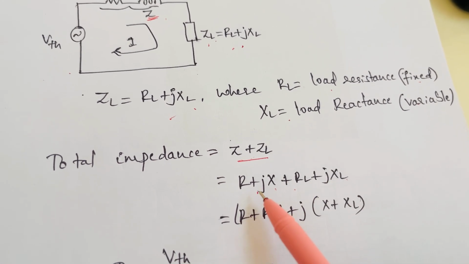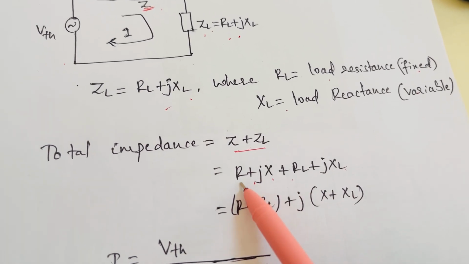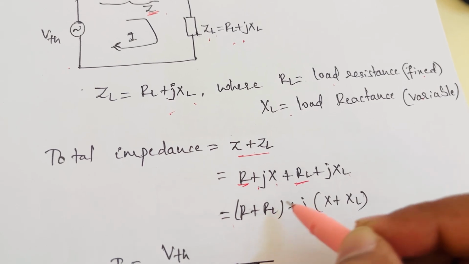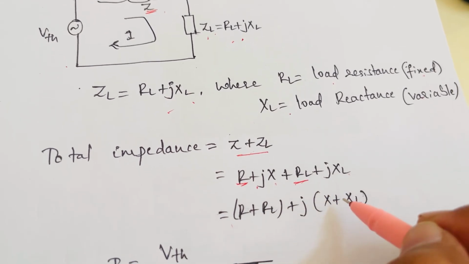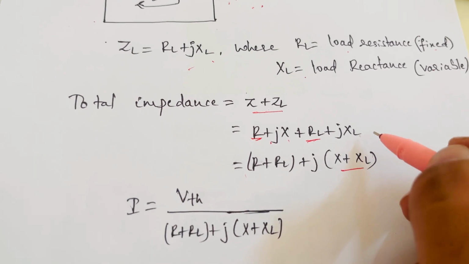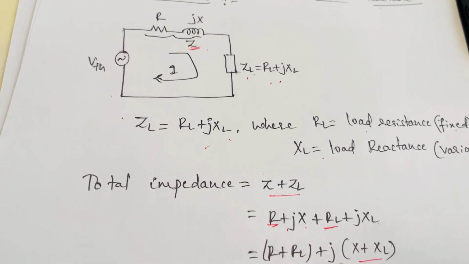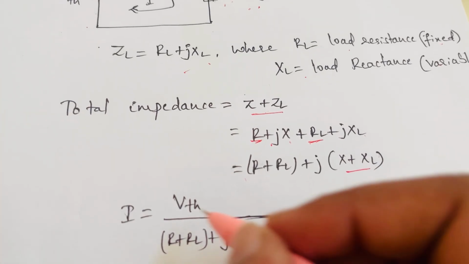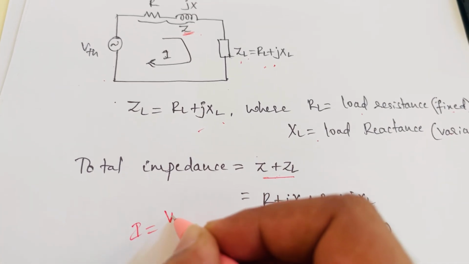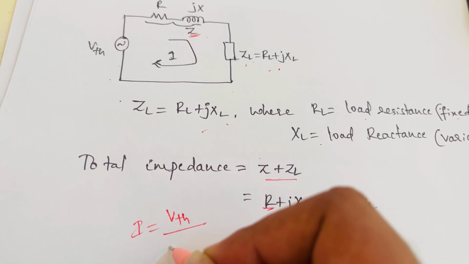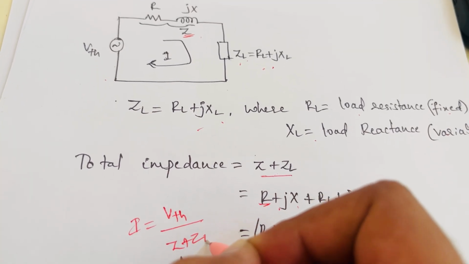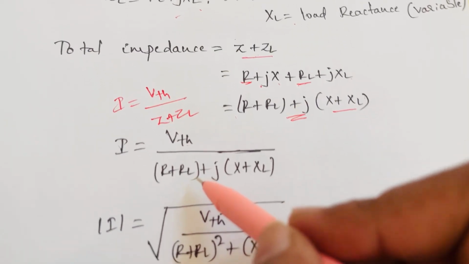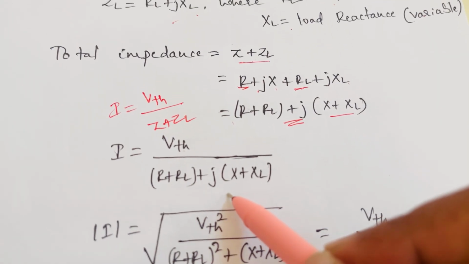So you are rewriting the real and imaginary terms: R plus RL plus j, taking common in the bracket, x plus XL. So the current is given by VTH divided by Z plus ZL, that is VTH divided by R plus RL plus j into x plus XL.